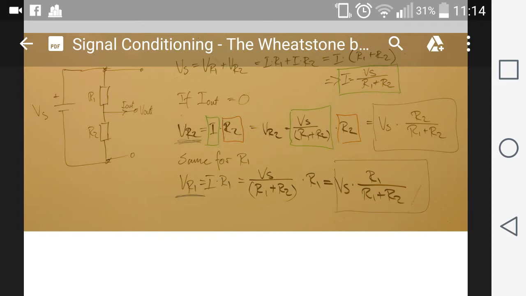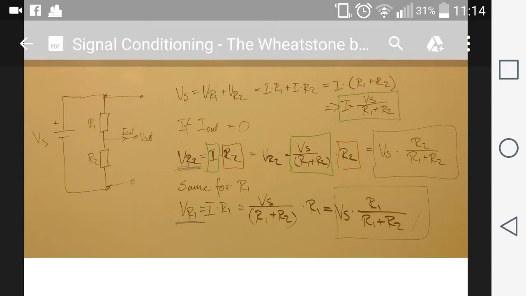And if we look at it with respect to that we want to take the output voltage through R2 and we start writing up some of the theory, we can say that the source voltage is the sum of all the voltage drops in the circuit. So, with Ohm's law we can say that the current flows through both R1 and R2, and then that the current times the sum of resistors R1 and R2 is equal to the voltage source.